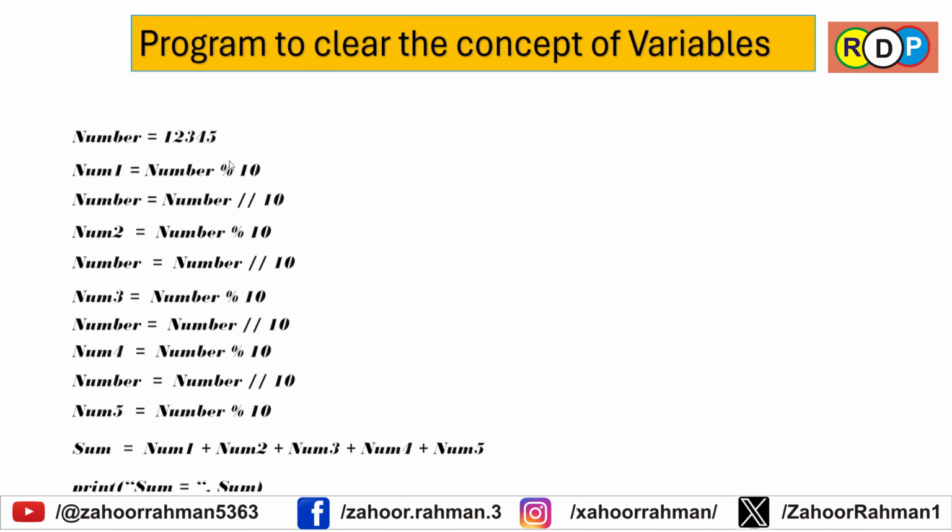This percent is also known as remainder, so whatever the remainder is, it will be stored in num1. Let us go to the whiteboard and explain this step by step in greater detail.